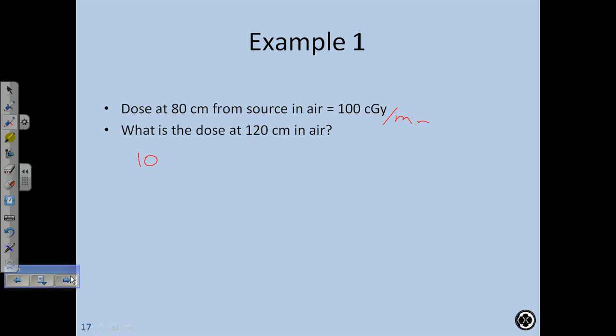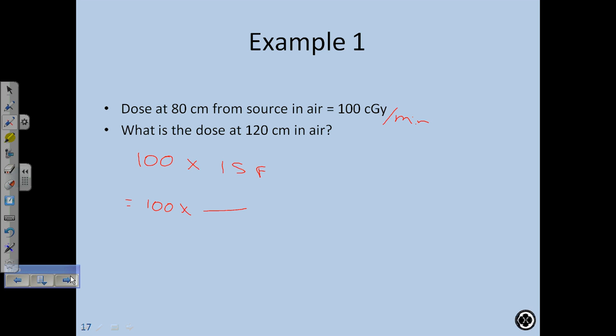So it's 100 times, I'll start for you, ISF. So that's equal to 100 times, what are the numbers I need for ISF? It's just the distances.